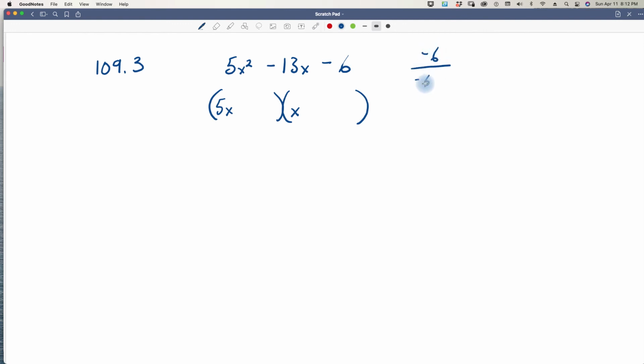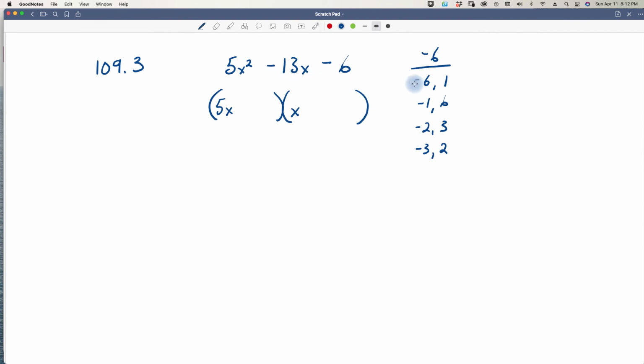We have negative 6 and 1, negative 1 and 6, negative 2 and 3, negative 3 and 2. So we need to multiply something by 5 and then combine it so that we can get a negative 13 is what we're looking for.